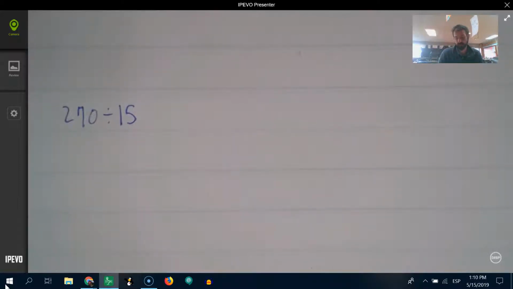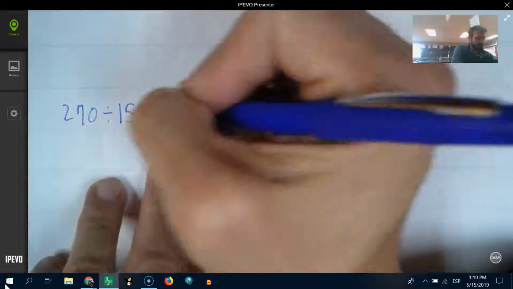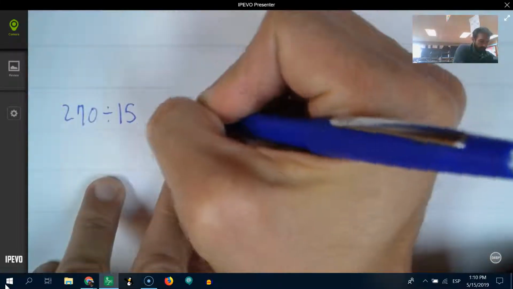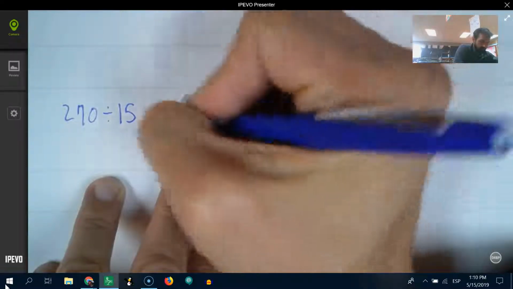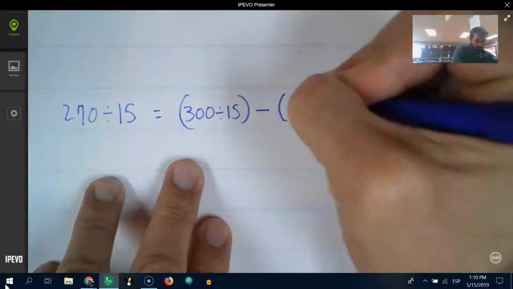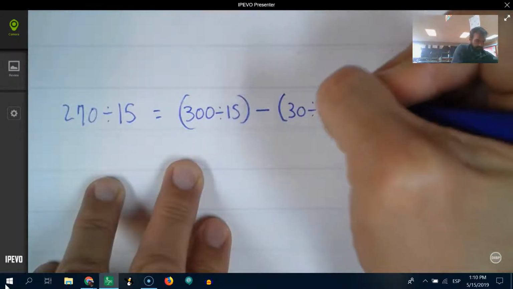We can also do it with subtraction. Something that you could see is this idea of 300 minus 30, or subtracting 30. So I can change this into 300 divided by 15 subtract 30 divided by 15.